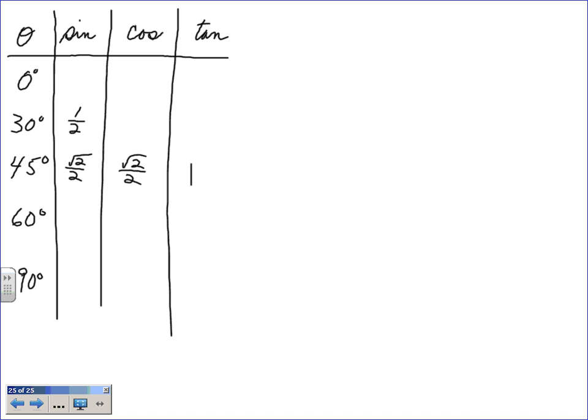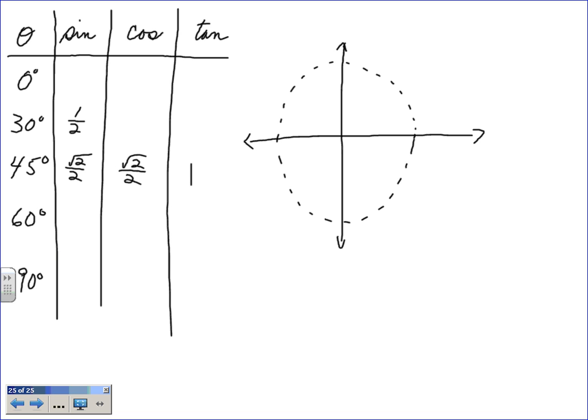Okay? Now, let's talk about 0 degrees. We'll get the others in just a minute. And I'll show you an easy way to remember that. Let's say we have a ray that's 0 degrees. Okay? We're not revolving that ray anywhere. Would you agree that the radius of this circle is the same as the x value?